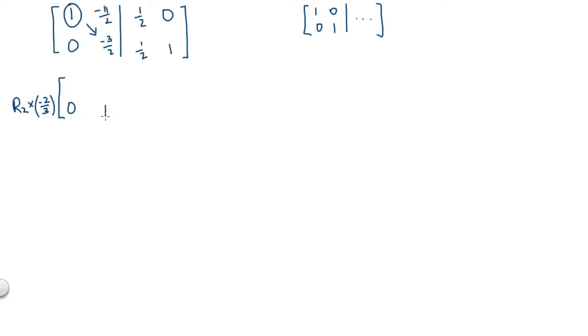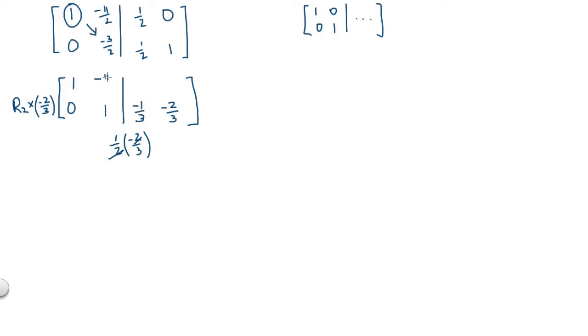So I get 0 and 1, and we may have to do some calculation underneath just to figure out what our numbers are. So half is going to get multiplied by negative 2/3. Those 2's are going to cancel, and we'll have a minus 1/3 there. And as we continue to multiply this row through by negative 2/3, we'll get a negative 2/3 there.